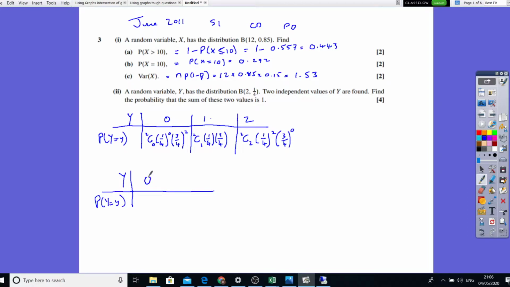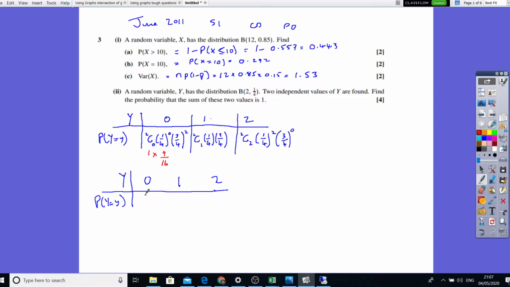The chance of no successes we can work out quickly. 2 choose 0 is just 1, times anything to the power of 0 is just 1, and 3/4 squared is 3 squared, 9, over 4 squared, 16.